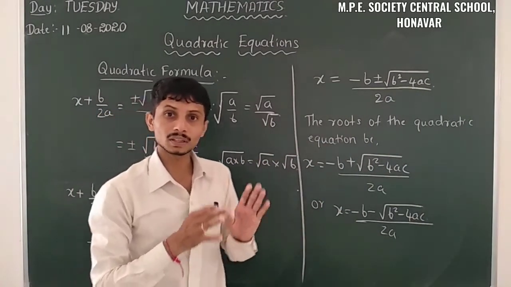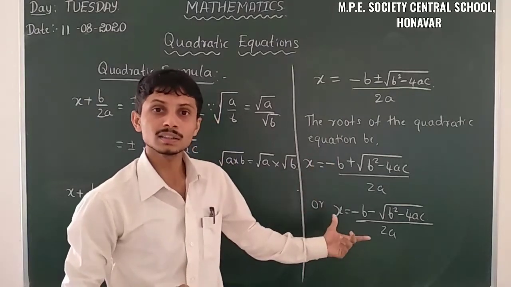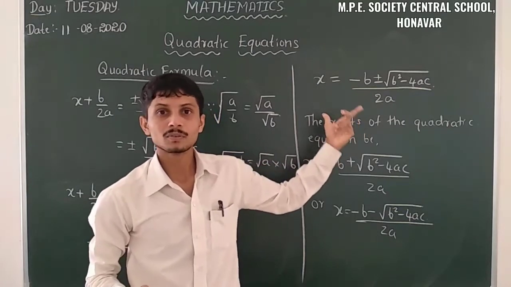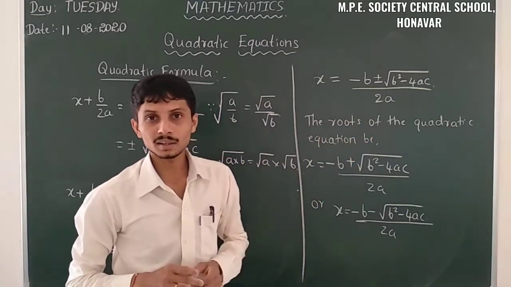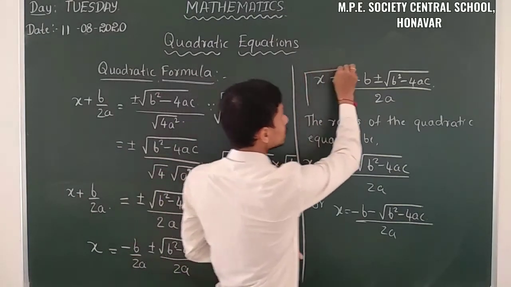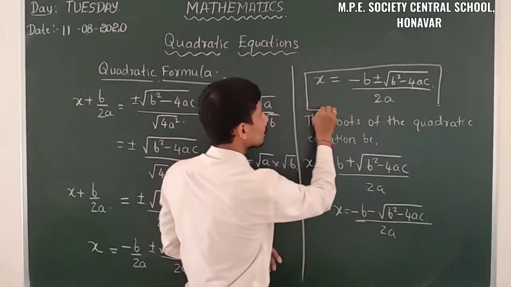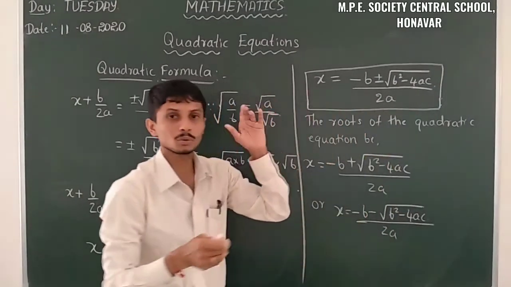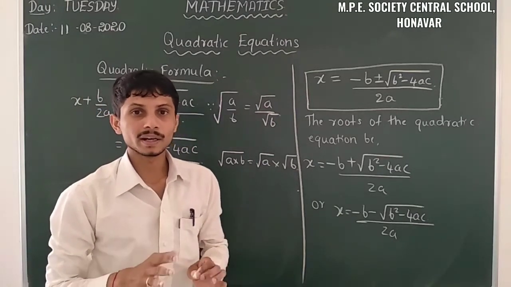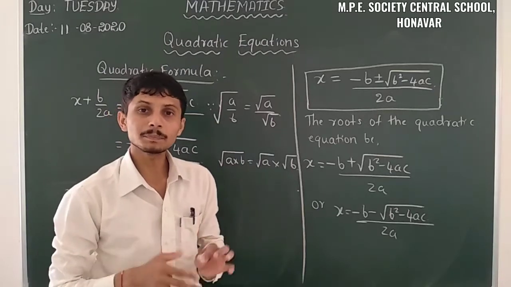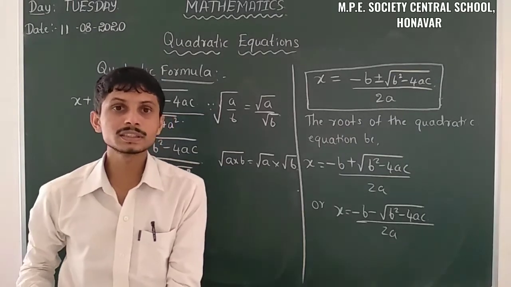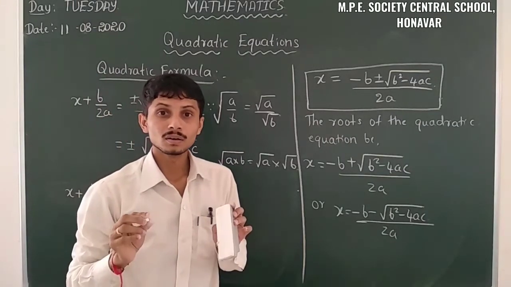It is the standard formula for finding the roots of a quadratic equation. So x is equal to minus b plus or minus square root of b square minus 4ac, whole divided by 2a, is the formula for finding roots of the quadratic equation. Simply, we call it the quadratic formula. So let us state the quadratic formula.